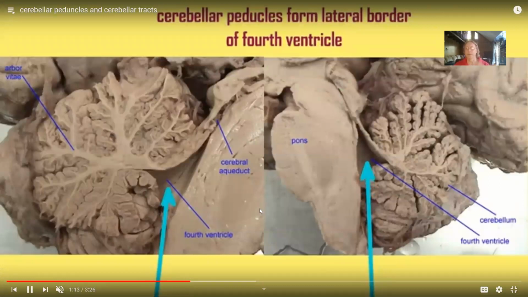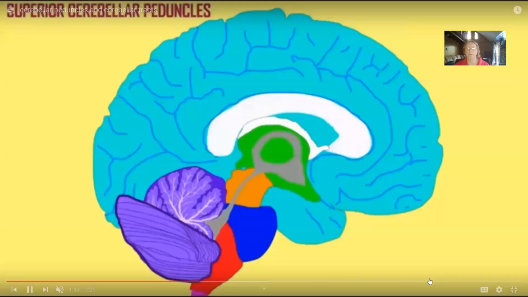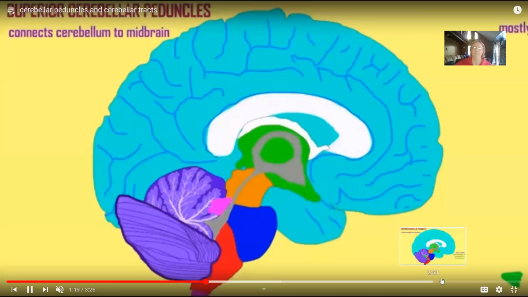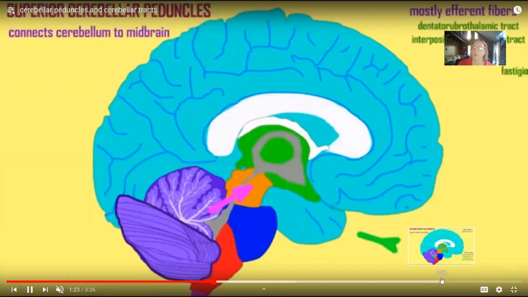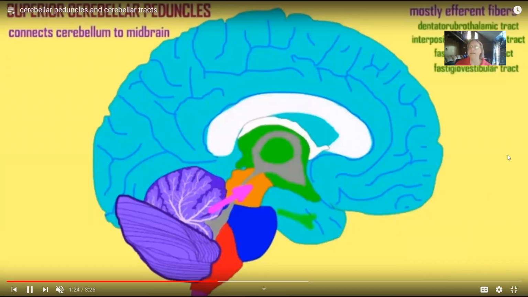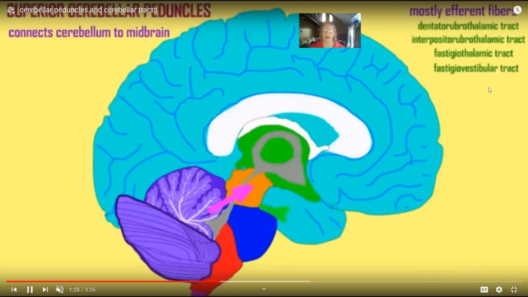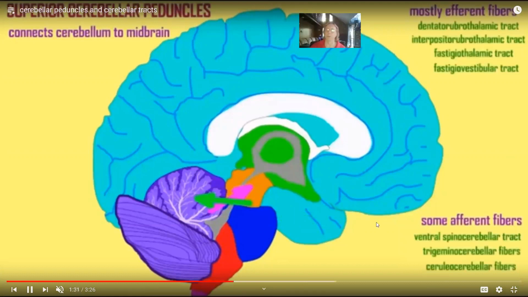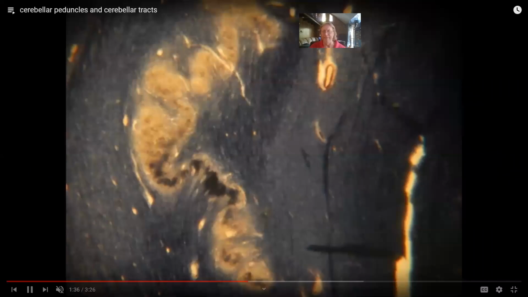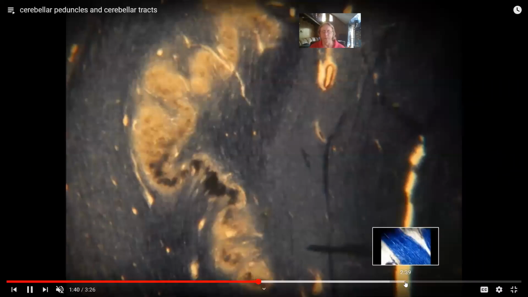One can observe them from the lateral side, but they also form the lateral border of the fourth ventricle. And in these peduncles, depending on where they're coming from, there are different types of fibers which are leaving the cerebellum as efferent fibers, or afferent fibers coming into the cerebellum.